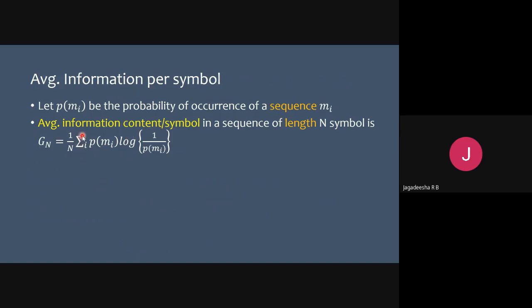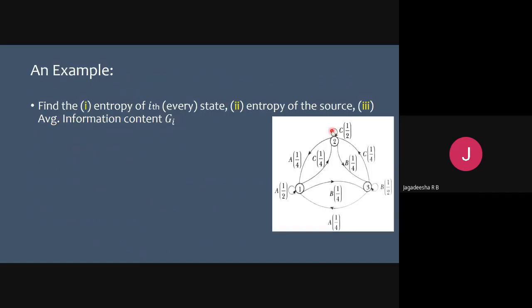That is computed for all i's or all states. Then it is also averaged here by 1 by n, where n is the total number of messages in a long sequence, or the total number of symbols, the length of the symbol sequence. We will see all these three concepts with the help of an example.